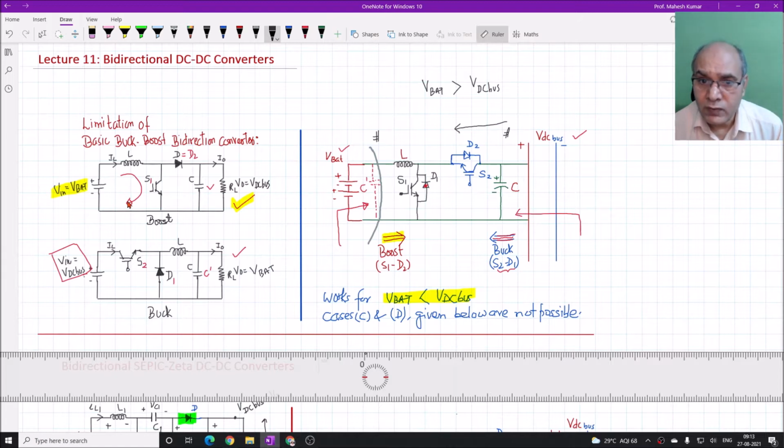But for low to high voltage, the topology seen by the DC bus is buck, not boost. If you see the topology from this side, then the topology is buck, not boost. Therefore, this model will not work for this condition.